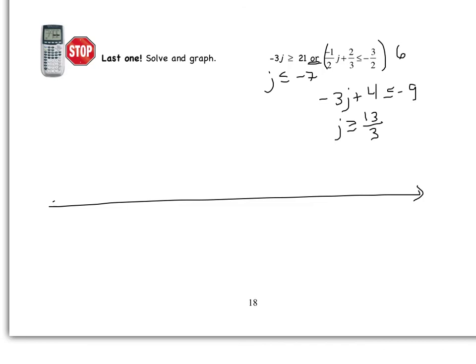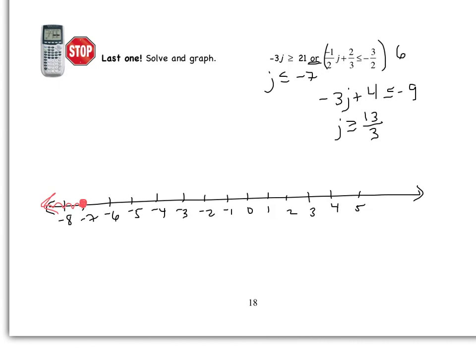And now we need to graph. I know -7 is going to be on my number line, so I'm going to start with -8. Okay, and then finally graphing, j is less than or equal to -7 is a closed circle at -7, and everything below that.